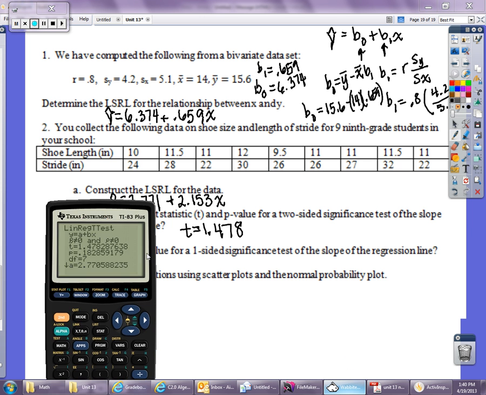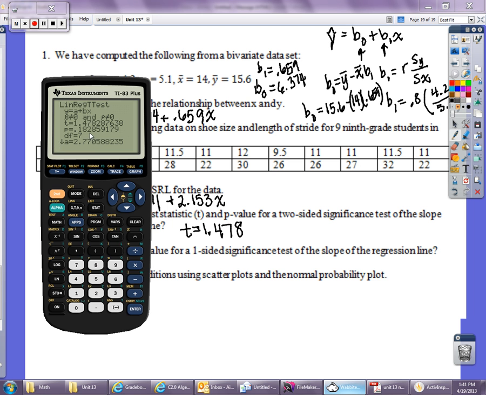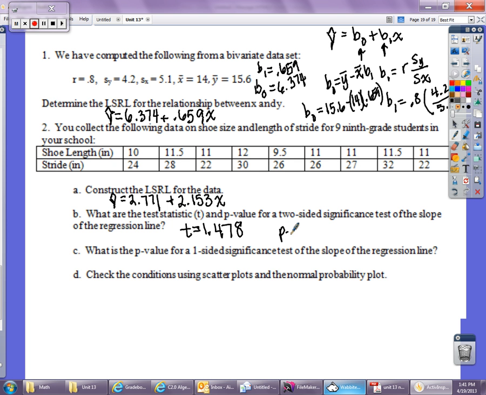And then the p-value is going to be 0.183. And if I want to write correct probability notation here, this would probably be the probability of t is greater than 1.478, and then that would be times 2 because it's two-sided.